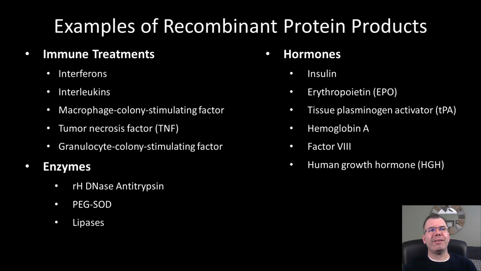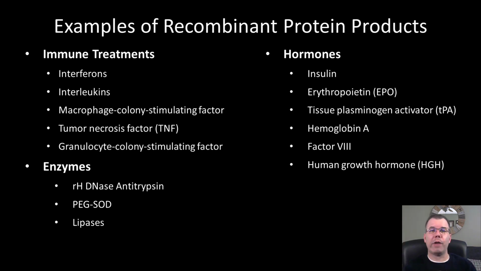Other things include enzymes, like antitrypsin, SOD, which is superoxide dismutase, and lipases, which are used to break down lipids. These are useful in human conditions where maybe you don't make the protein or you have insufficient amounts. Then there are hormones like insulin, which we talked about already, erythropoietin, and tissue plasminogen activator, which helps break up blood clots.